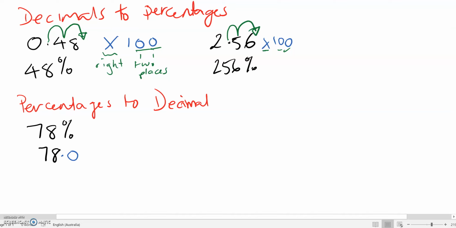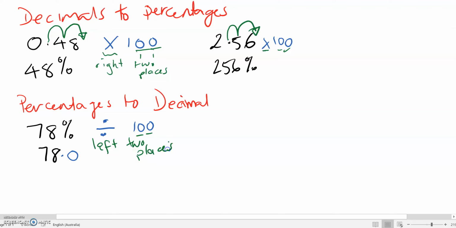Now when we go from percentages to decimals, this time we're going to divide by 100. So when we divide, our decimal point this time is going to move left, and again 2 places because of the 2 zeros in 100.